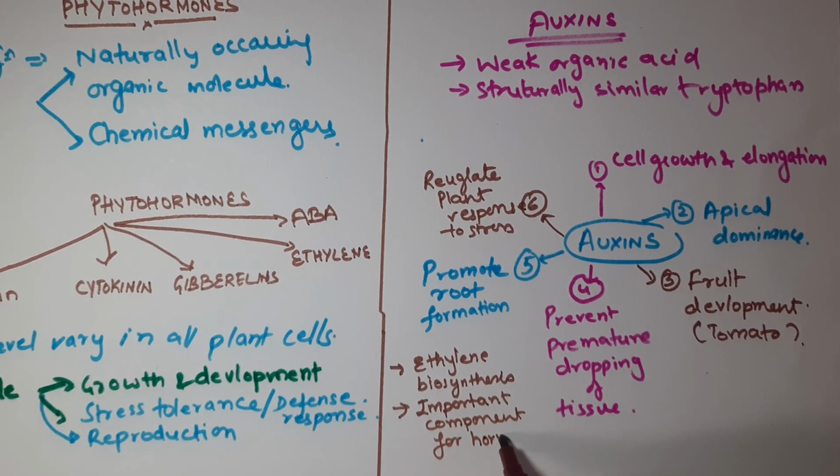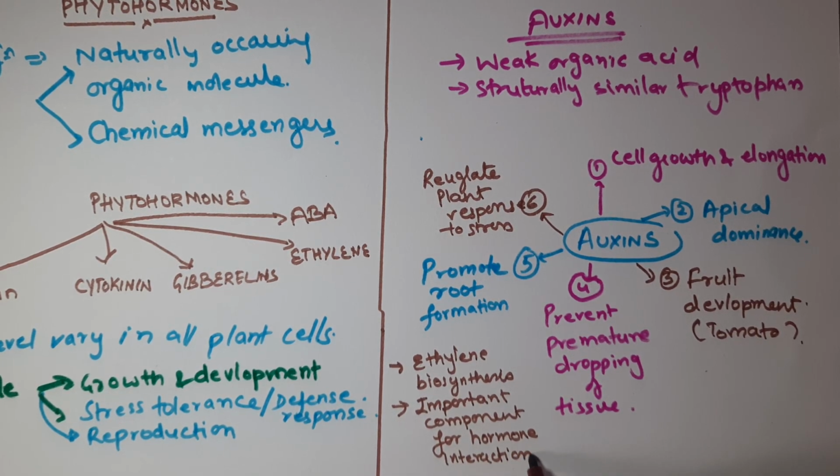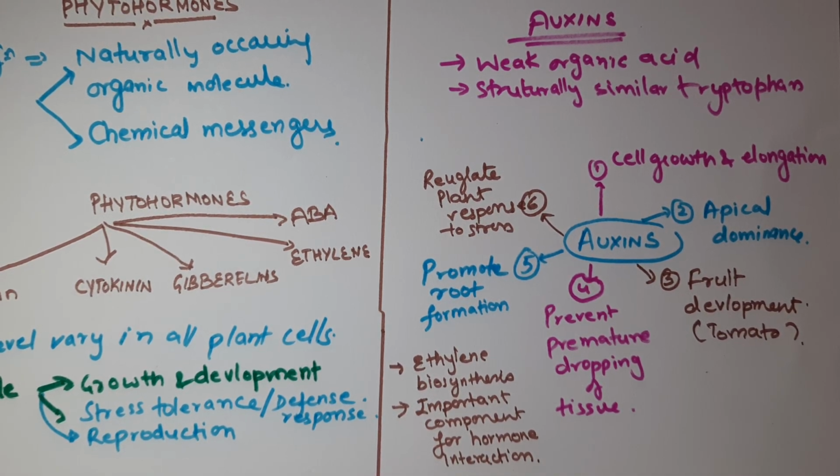The auxin will readily interact with the cytokinin and other hormones also, like ABA, gibberellin, ethylene. So these are the main chief roles of the auxin.